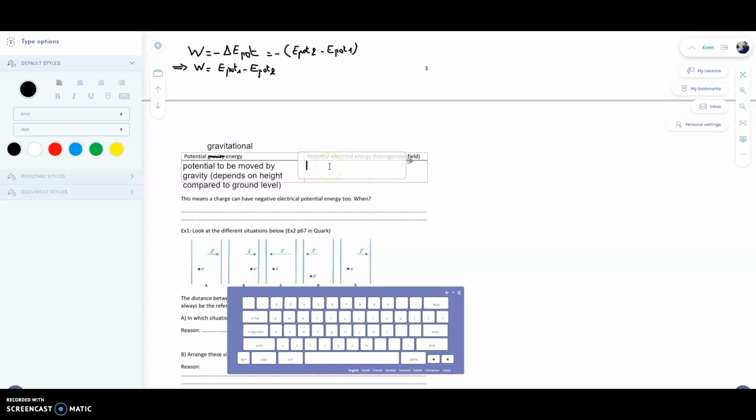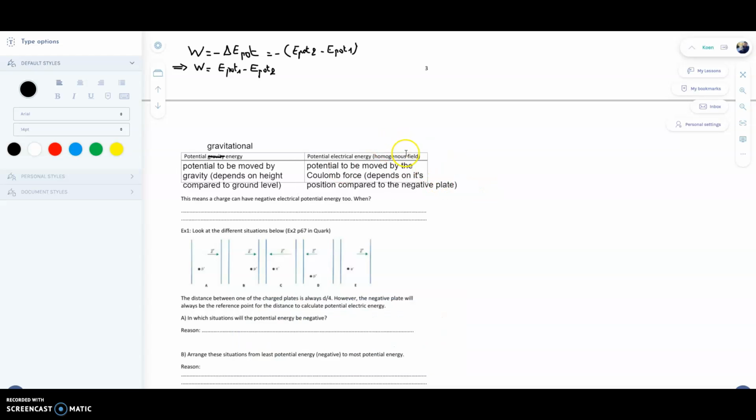Well, it is the potential to be moved, in this case, by the Coulomb force, and that depends on its position compared to the negative plate in a homogeneous field, of course. So that's the main thing you have to take into account.